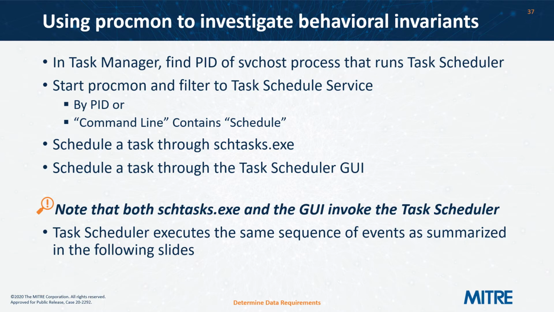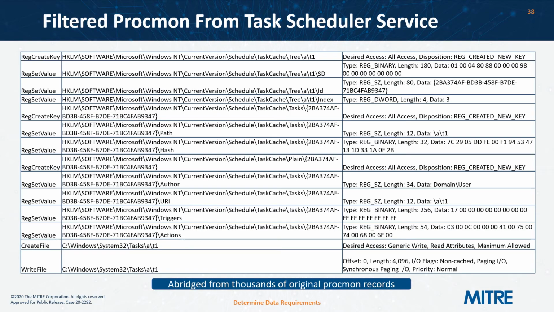Let's briefly review what we discovered in step 2 during our research into this technique and note how these activities look in the logs. As you recall from step 2, we scheduled tasks in various ways and observed the underlying behavior using Procmon and WinDebug. Procmon gave us insight into the registry and file activity associated with task scheduling.